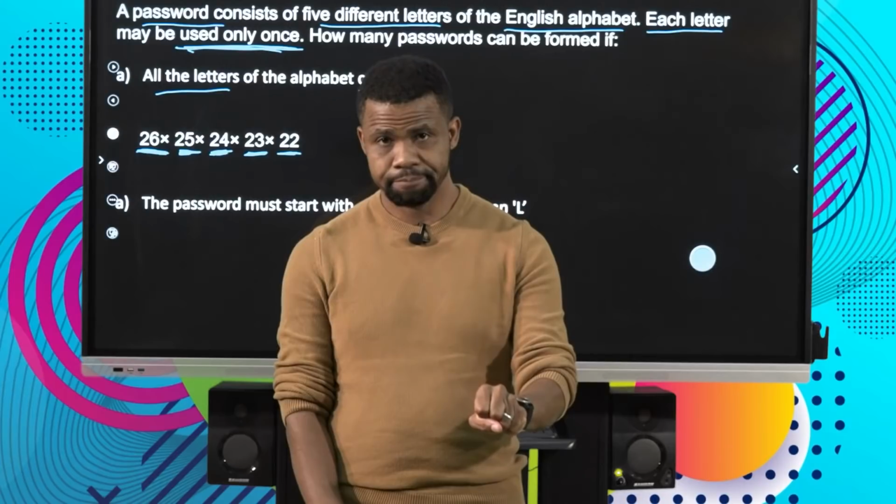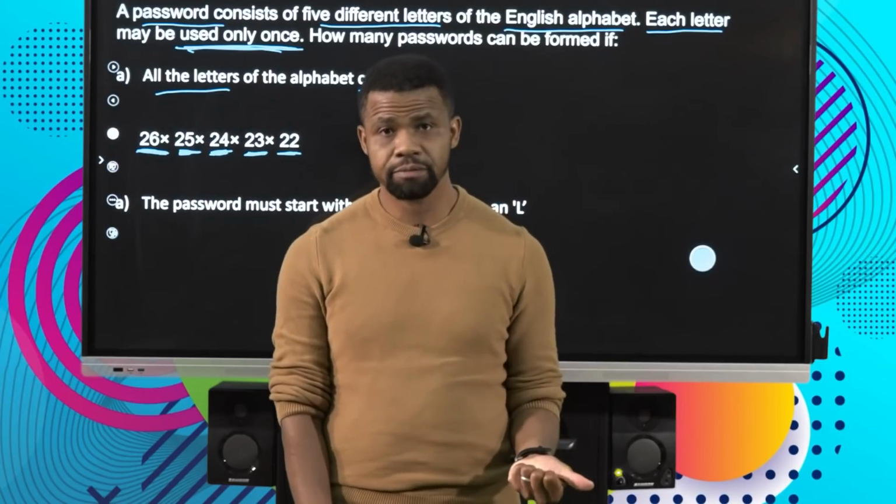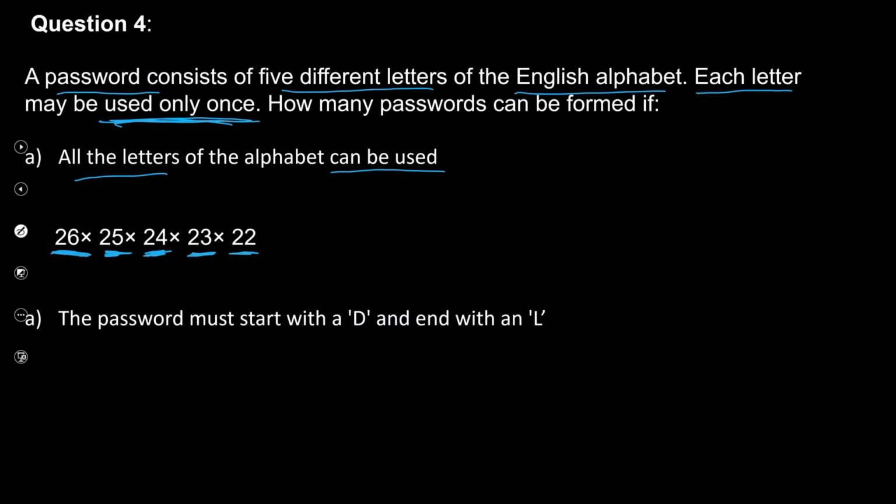Now let's look at the second question. What does the second question mean? The same, we want a password of 5 different letters, so it implies positions 1, 2, 3, 4, 5, something of that nature. But now the password must start with the letter D and end with the letter L. So it implies D will be there, L must be there.